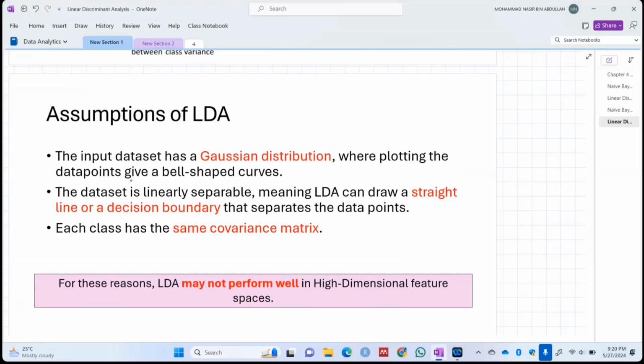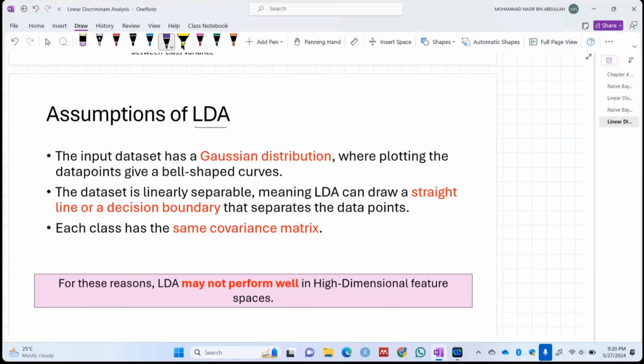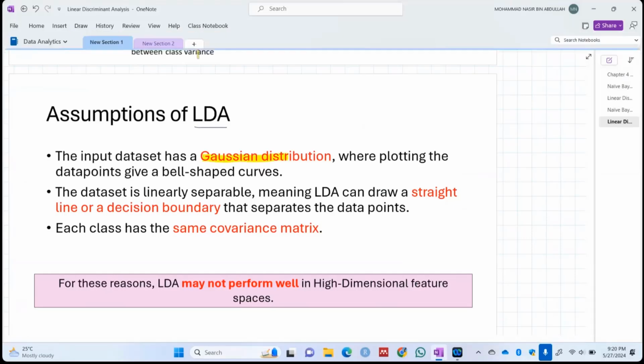Now, in linear discriminant analysis, the input data set should be assumed to have a Gaussian distribution, which is a normal distribution. So since we assume a normal distribution for the independent variables, it means that it can only take quantitative variables as independent variables. Can you understand?